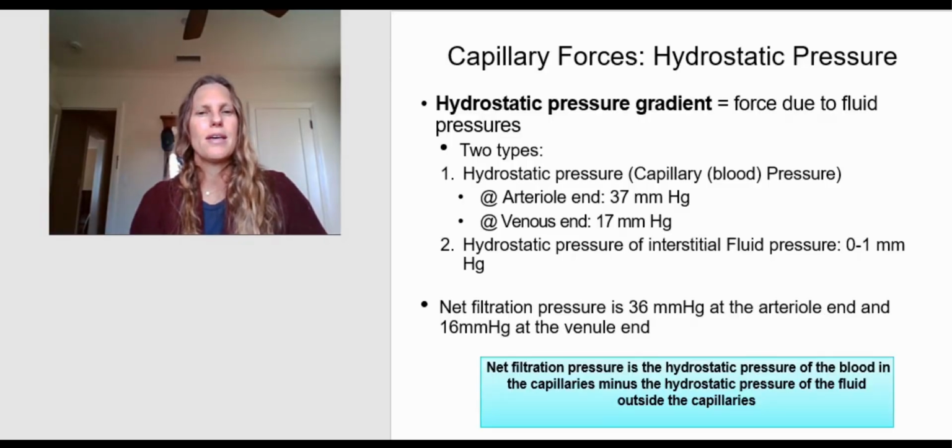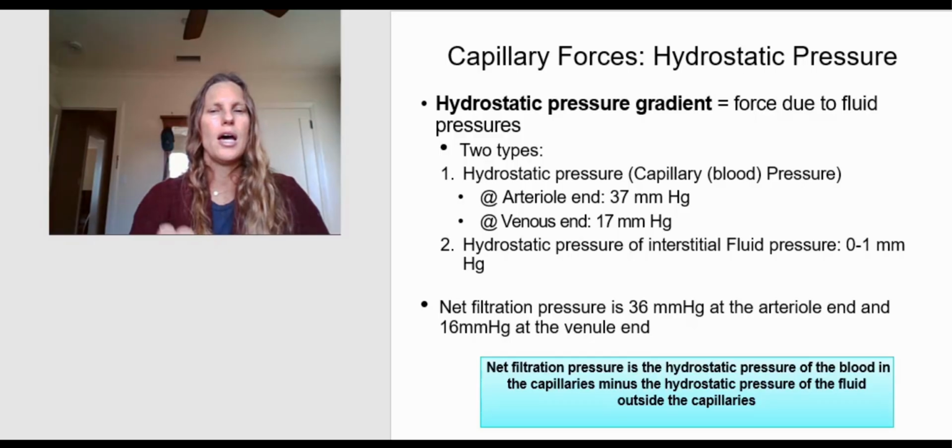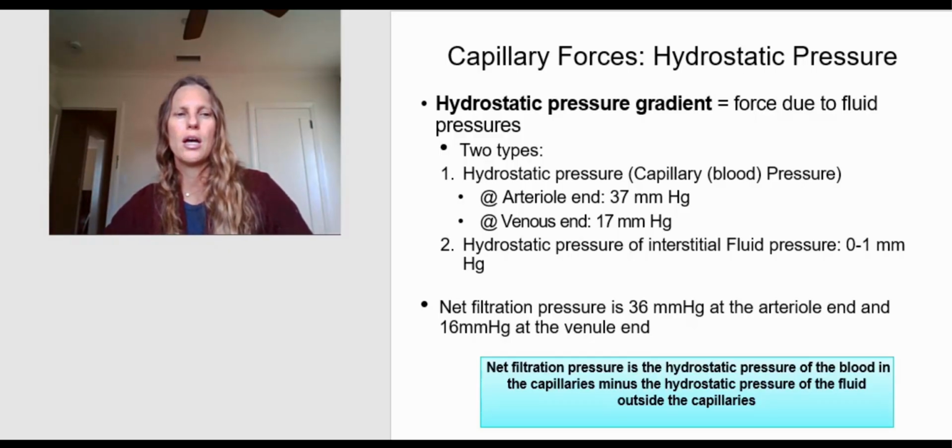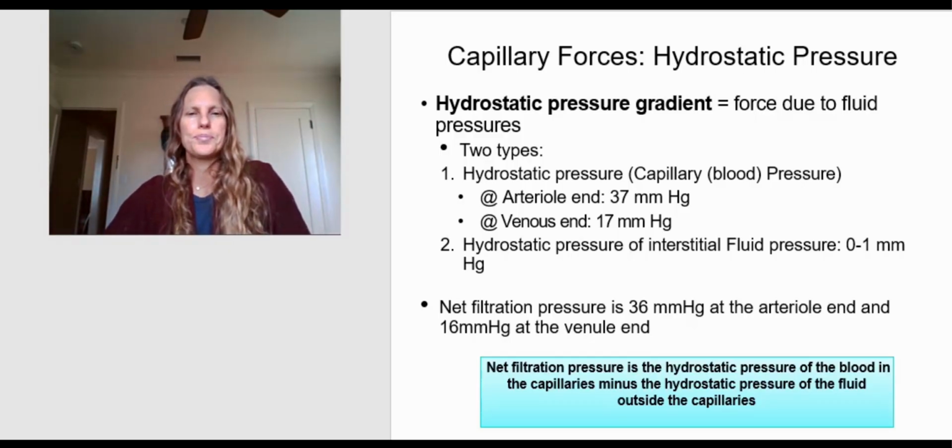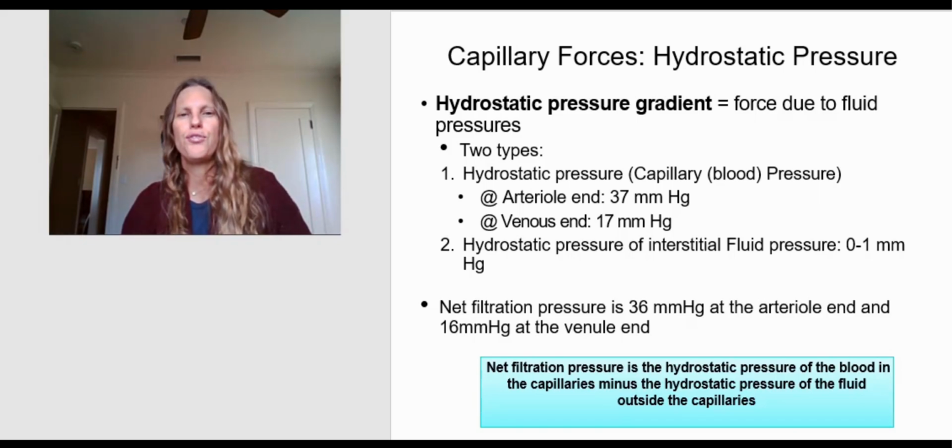All right, so let's look at this now a little deeper. We're going to first look at, on this slide, hydrostatic pressure, and then we'll look at osmotic pressure on the next one. So fluid will always move from high pressure to low pressure if you have a pressure gradient. So the pressure gradient is important, right?